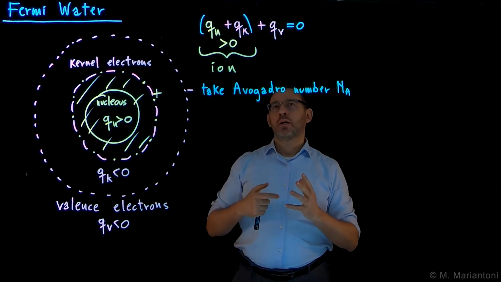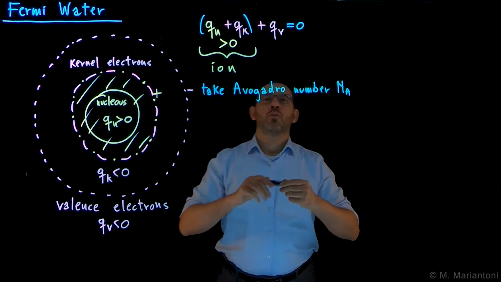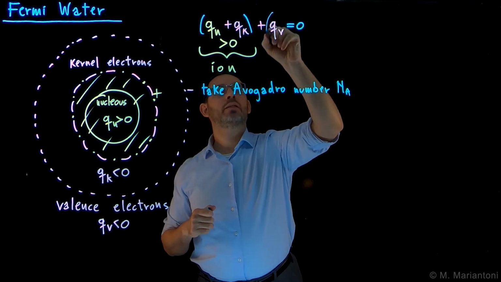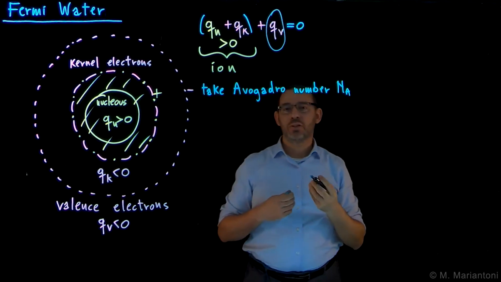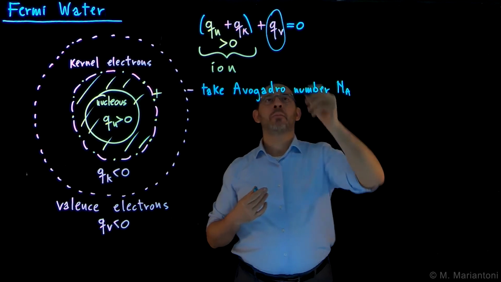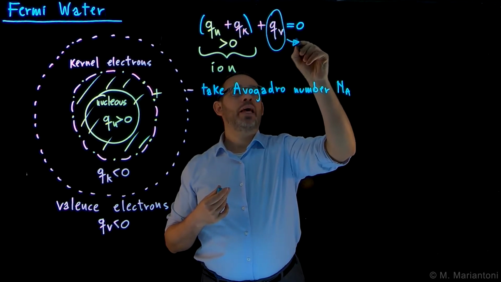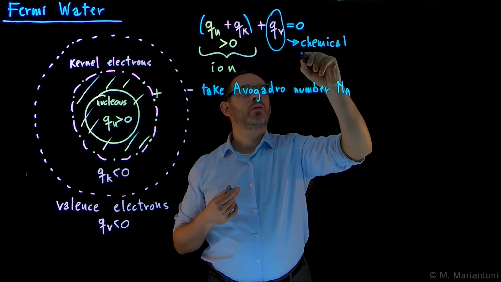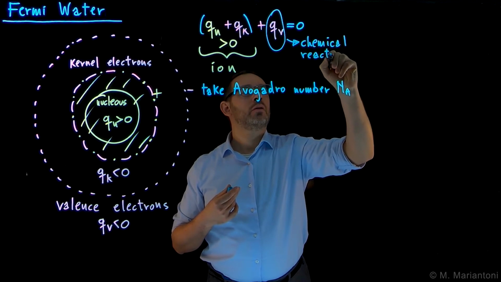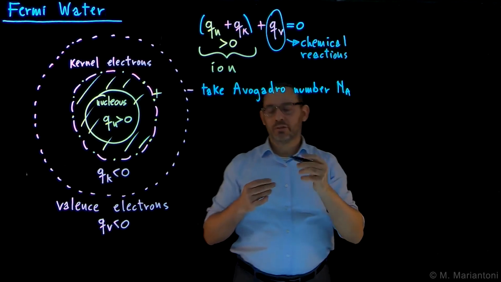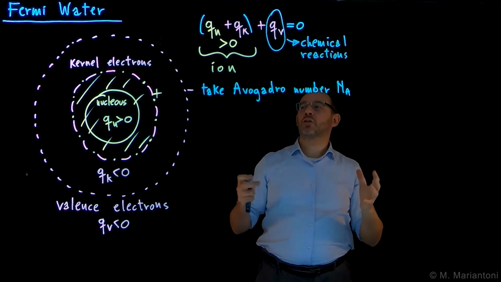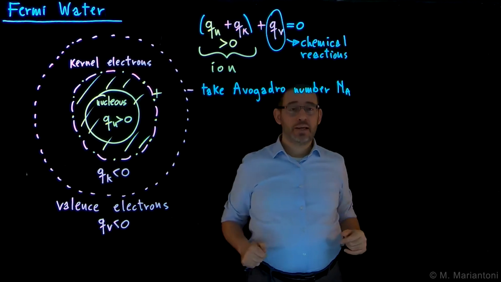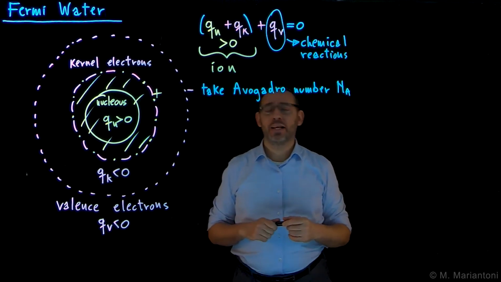Why is that? If you know a little bit of chemistry, you know that these valence electrons are those that participate in all chemical reactions, for example. In general, they are those participating in all interactions between one atom and another atom, or many atoms together, as in the case of an Avogadro number of atoms.